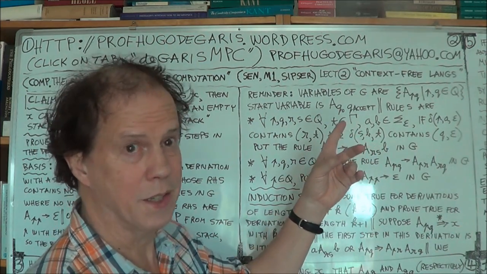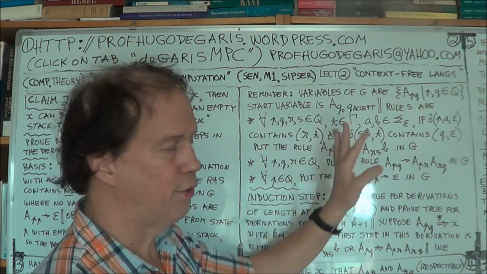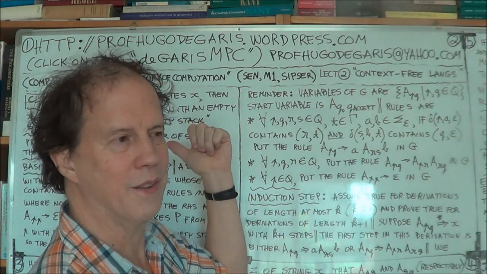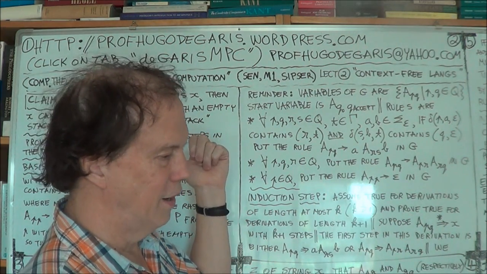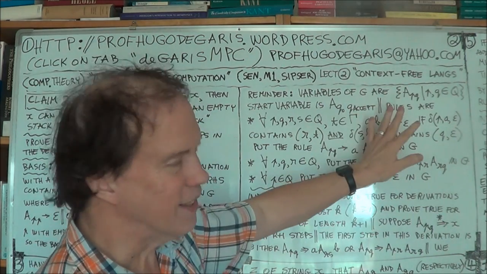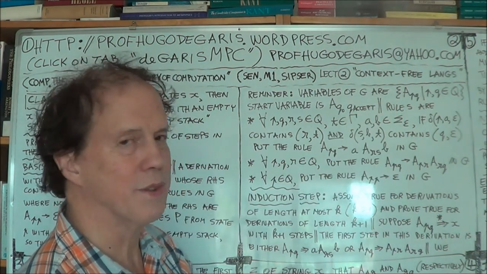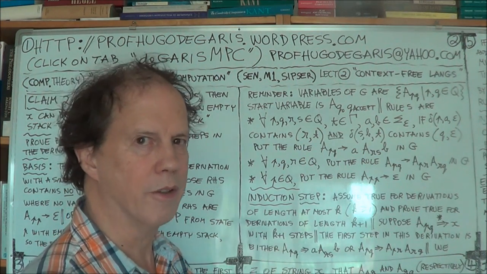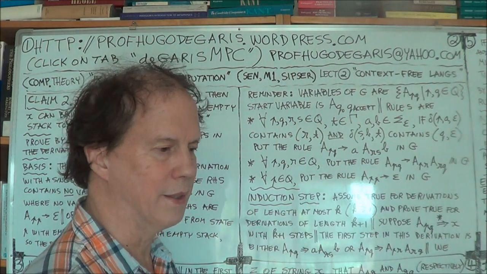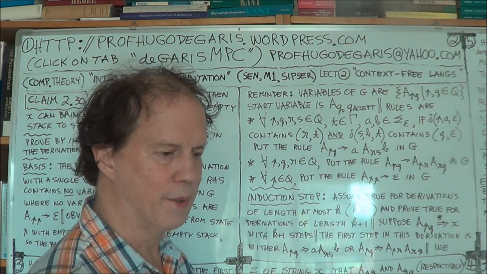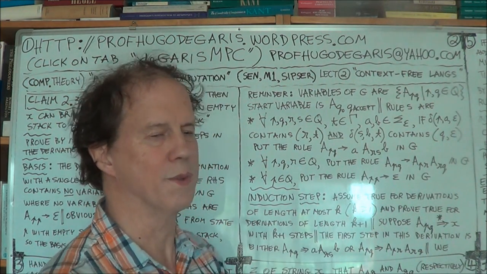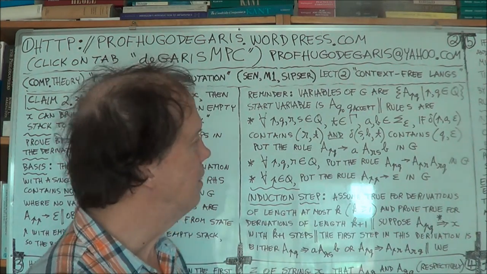I suggest you go back and forth between the proof and these rules, because the rules are a function of the proof. They're there to enable the proof, and what you want to prove motivates the choice of the rules that you put into your big R in your grammar, the substitution rules. So the two are closely linked. So go back and forth to see why one set influences the other. It's a two-way street.